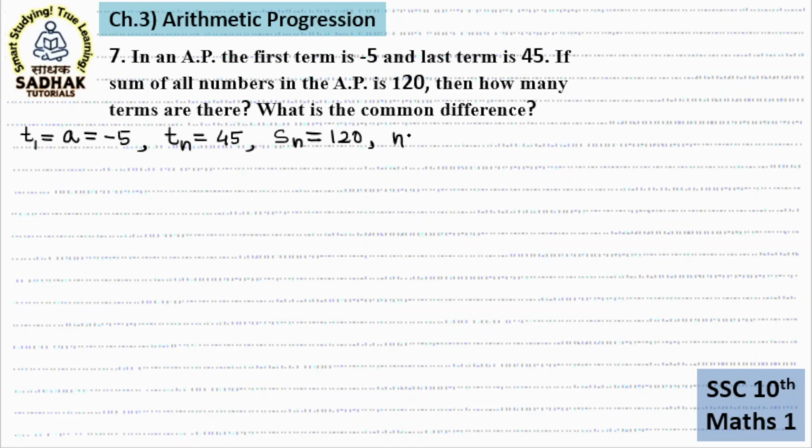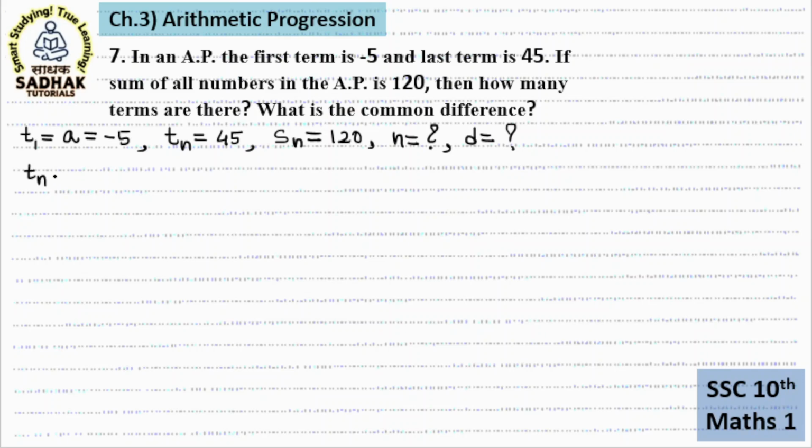So we have to find n, and then we have to find d. We have done one of such sums earlier. So here let us first use Tn is equal to 45 and try to get some equation.